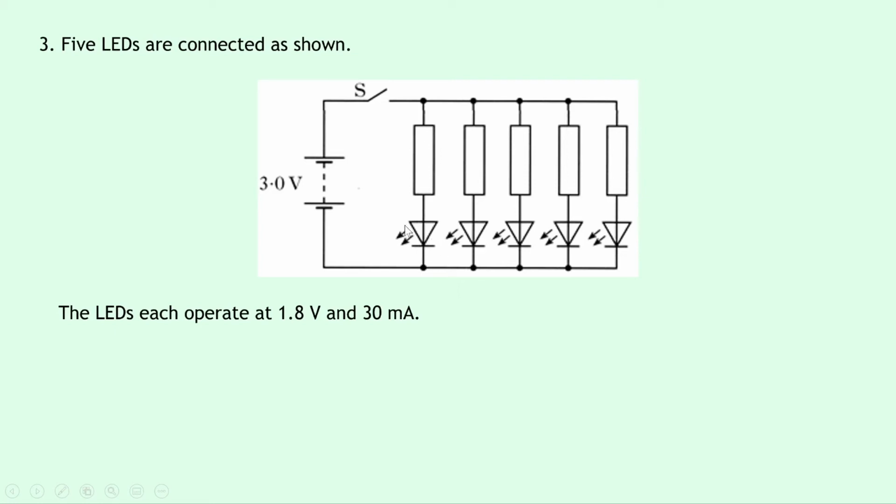And if the voltage there is 1.8V, then in order to find the voltage across that resistor, if we ignore all these other branches for now because they're not important just now, we can say that these two things are in series, and these two voltages need to add up to give the voltage across the supply of 3V. So if that's 1.8V across that LED, then there must be 3 minus 1.8, which is 1.2V across that series resistor.